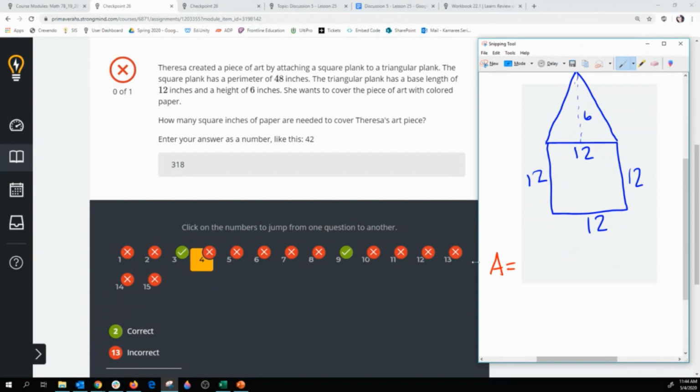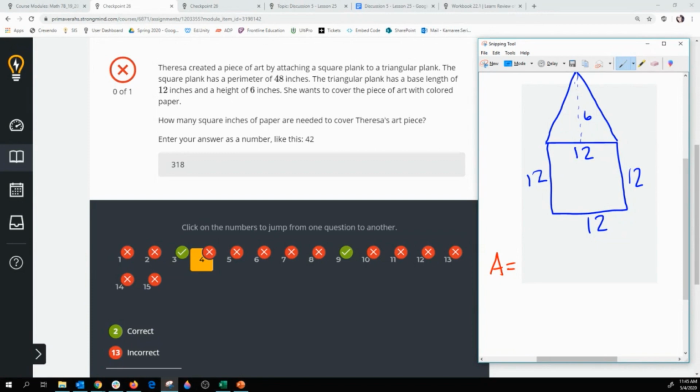So that 6, is 6 anywhere attached to my square, or is the 6 attached to my triangle? The 6 is attached to the triangle, right?